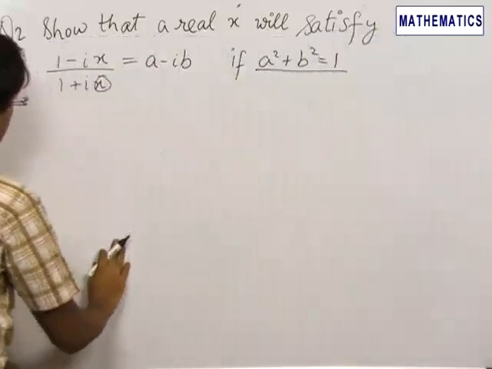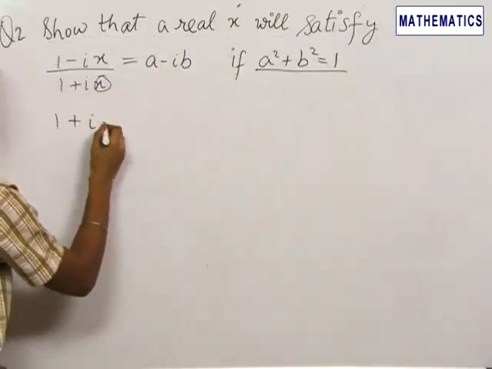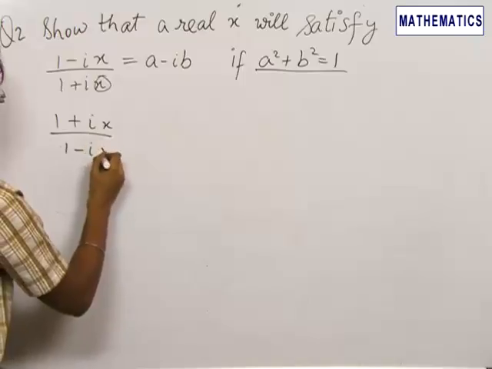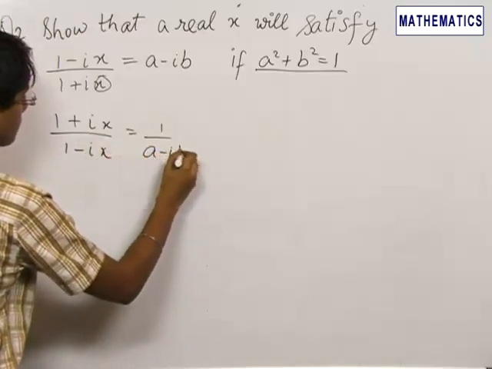So what we do is, we try to simplify this equation. This becomes (1 + ix)/(1 - ix) = 1/(a - ib).